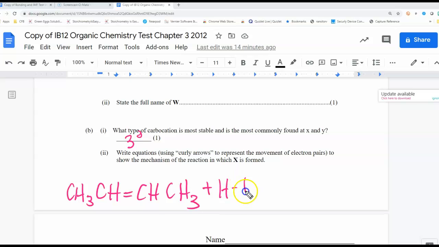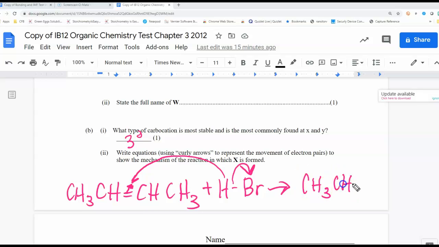So that means we're breaking the HBr bond. So what we have happening is the arrows pointing to the bromine, going back to the bromine, and what we have now is a hydrogen being attracted to those pi bonded electrons. So the hydrogen is going to break those pi bonded electrons.